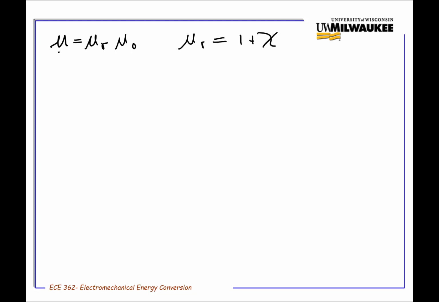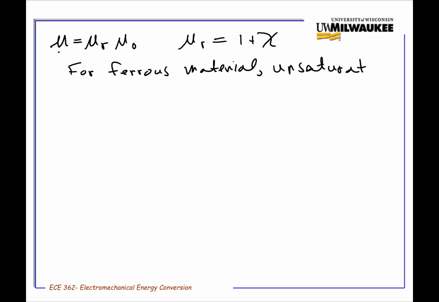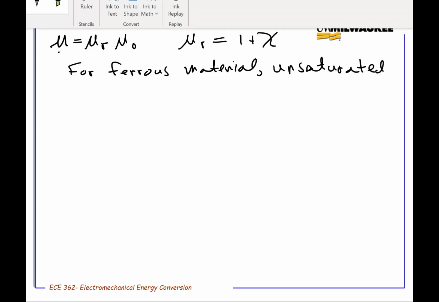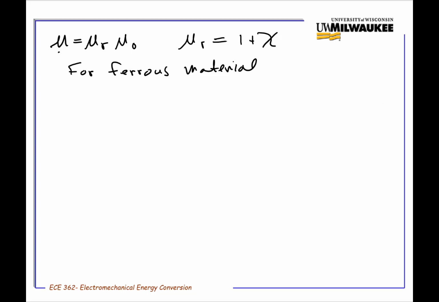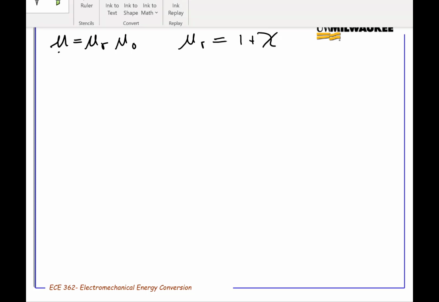For a ferrous material, if you're unsaturated, that means that, actually I haven't introduced what unsaturated means yet. Let's wait a second on that. We're going to come back to this. I'm going to talk about this magnetic amplifier concept first.